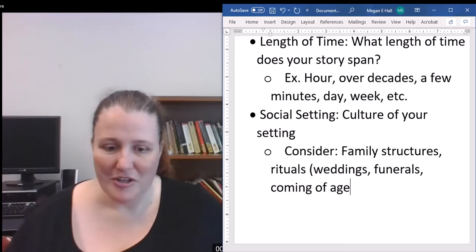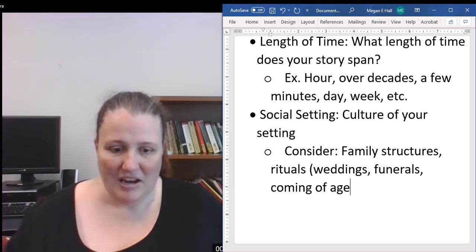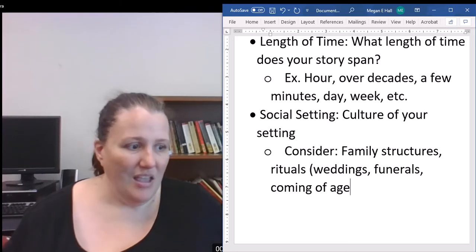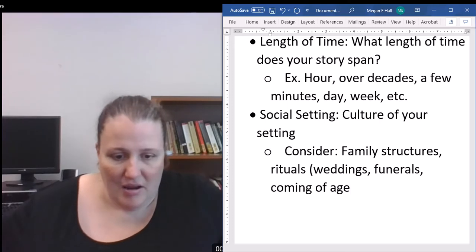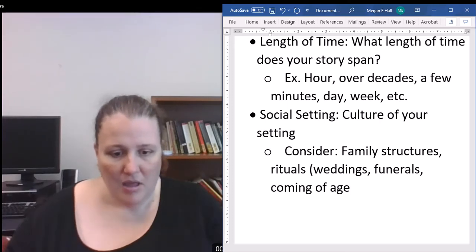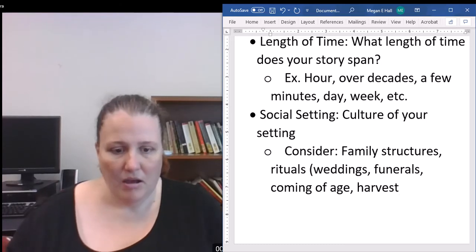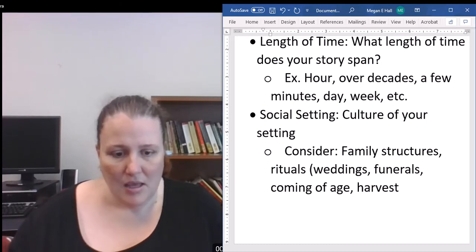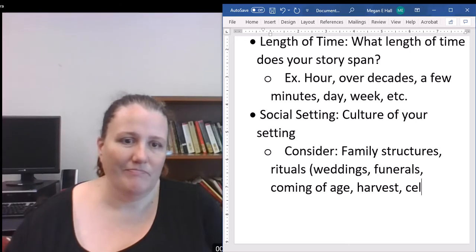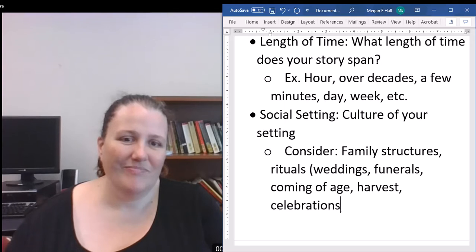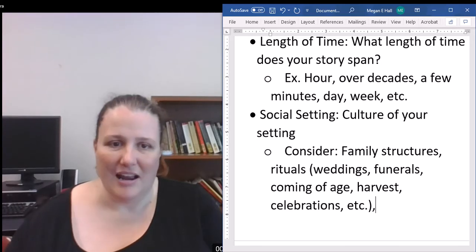Those are coming of age ceremonies. You could, I suppose, have something different if you were doing a fantasy novel or something set in a different time period. Sometimes harvest, we have Thanksgiving, but other people have different things. Celebration, birthday parties, that kind of thing.